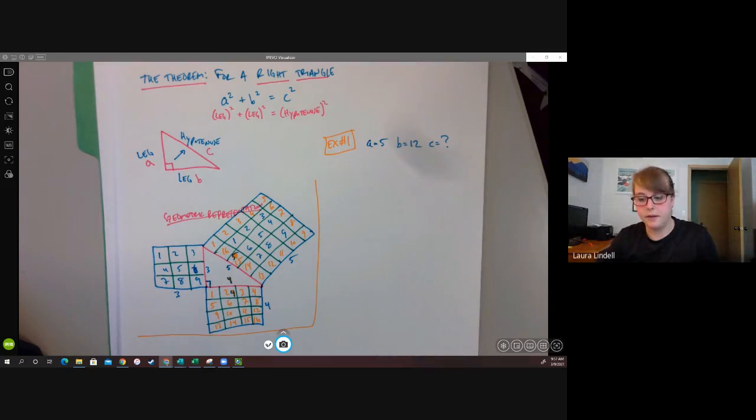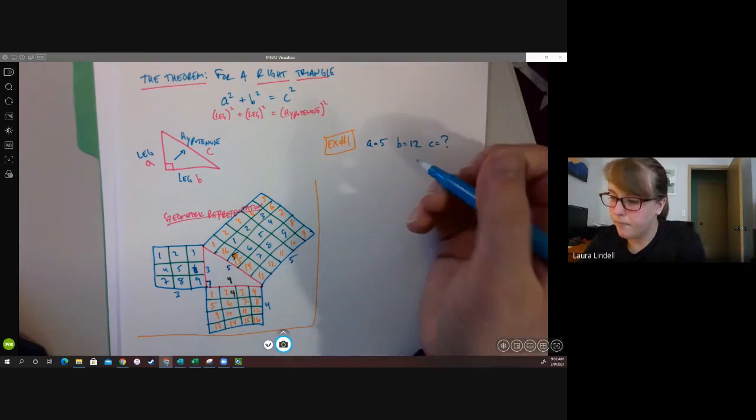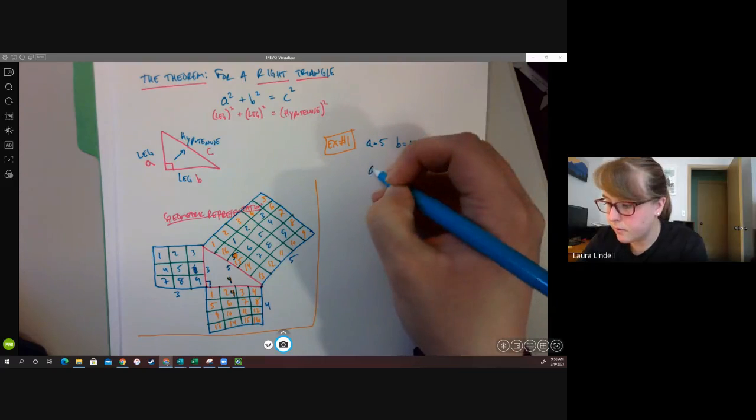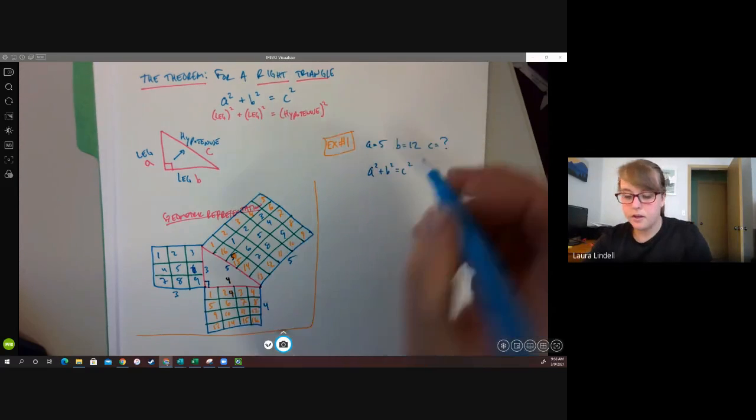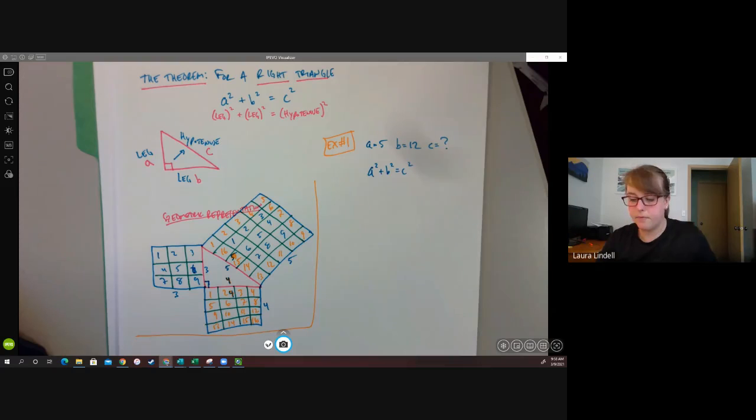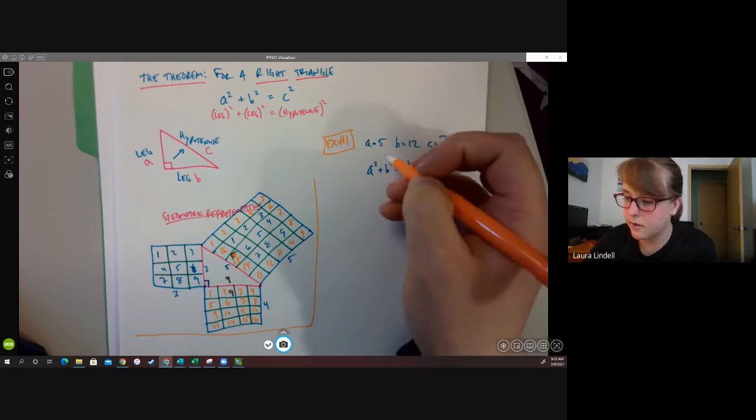We want to solve for C. If you are straight up given the side lengths like this, all we would need to do is we've got A squared plus B squared equals C squared. I'm going to plug in numbers for A and B and use it to find C.